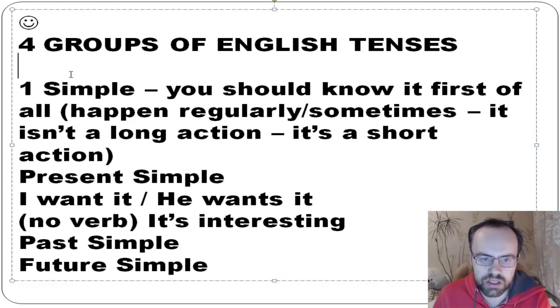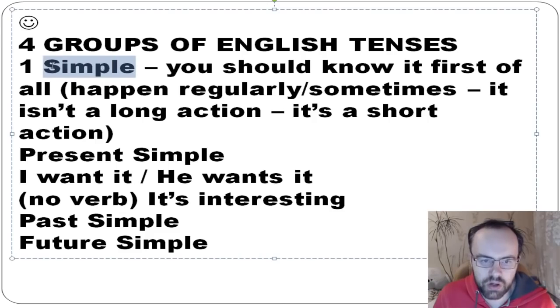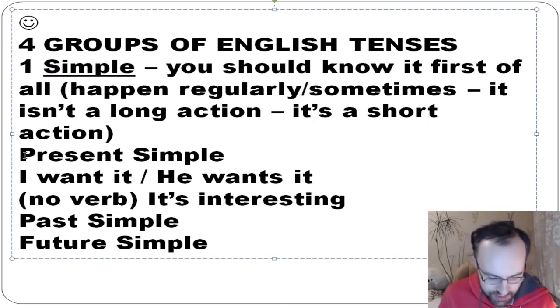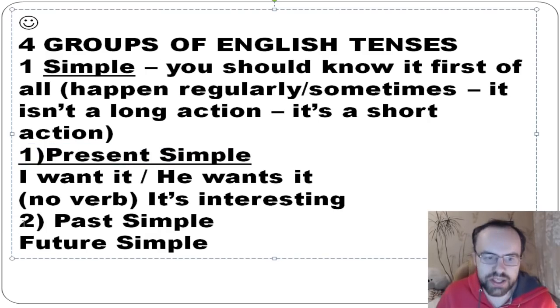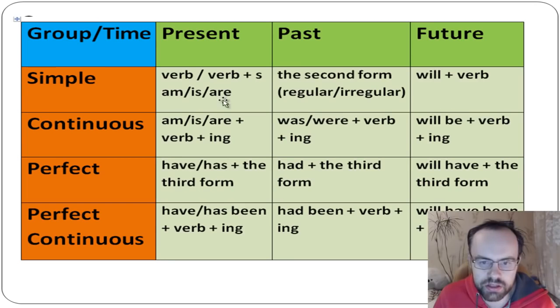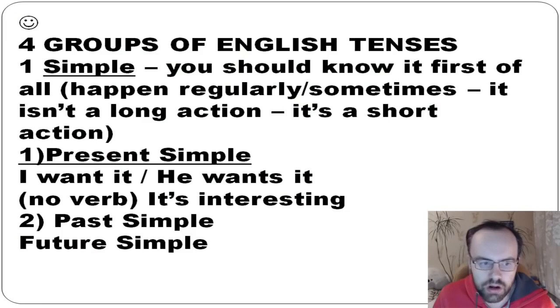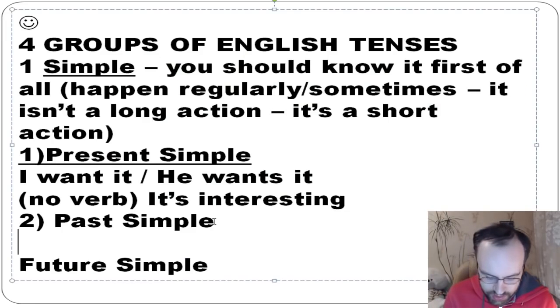Okay, good. So we are talking about this group, simple, and the first tense is present simple. The second tense is past simple, a short action in the past. You need to know the second form. For example, I wanted it.